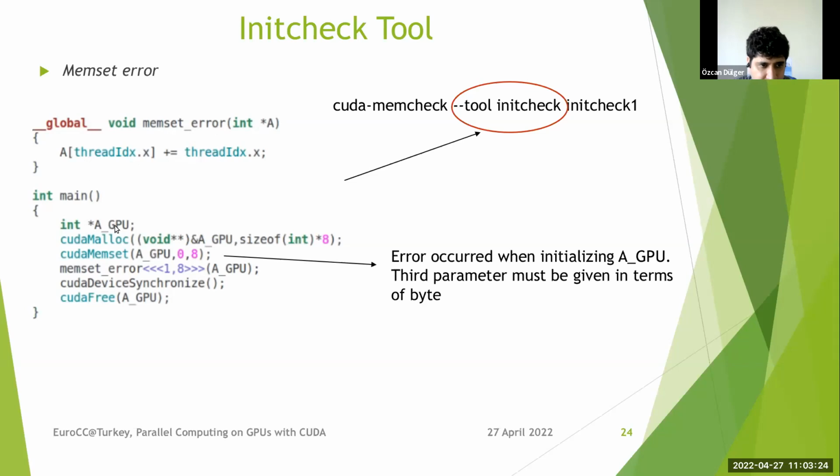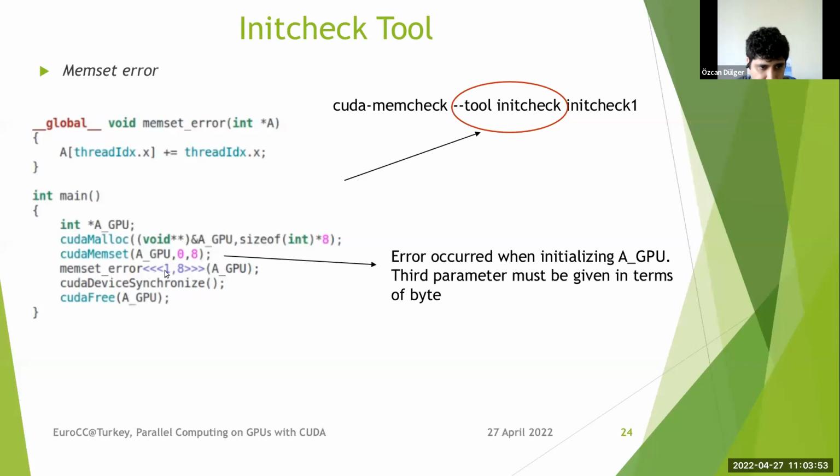Let's look at our main function. We have a global variable and we create 8 elements for our array, and with CUDA mem set we set 0. This is the third parameter, in terms of bytes, so we send 8 bytes here.